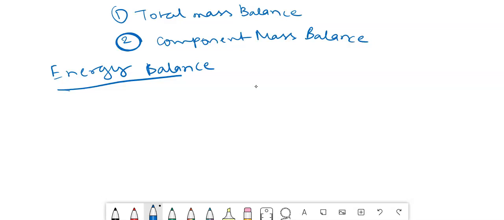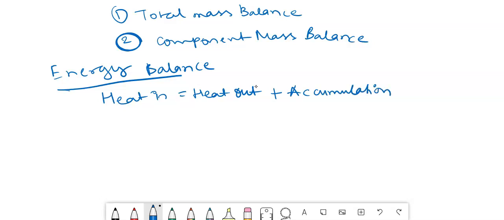So, the amount of heat energy entering a system must be equal to the amount of heat energy leaving or getting accumulated. So, again it will be heat in is equal to heat out plus accumulation.